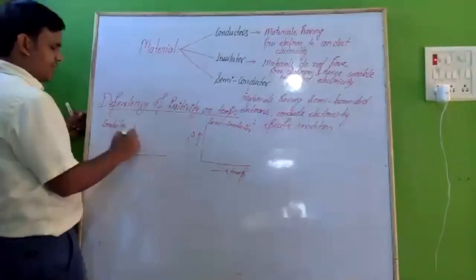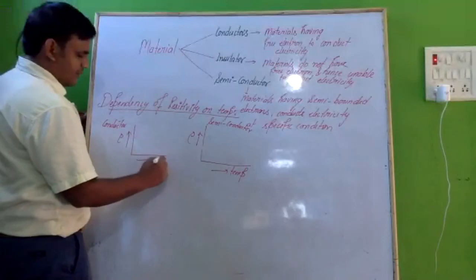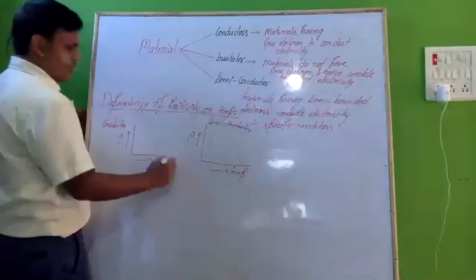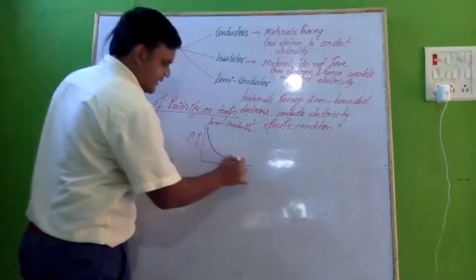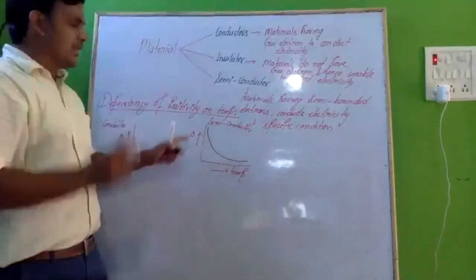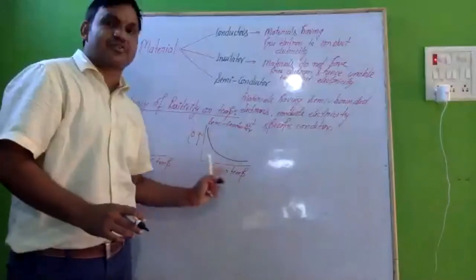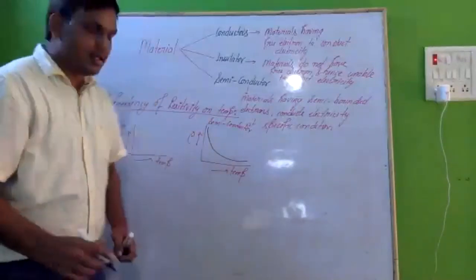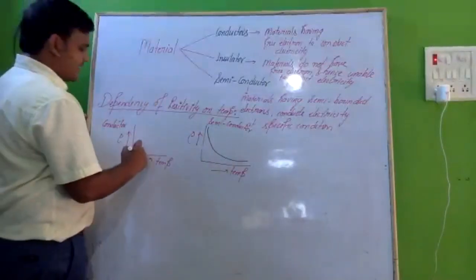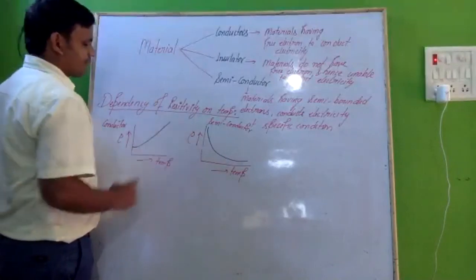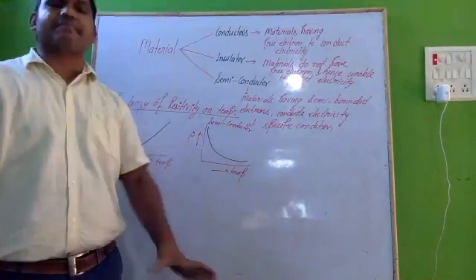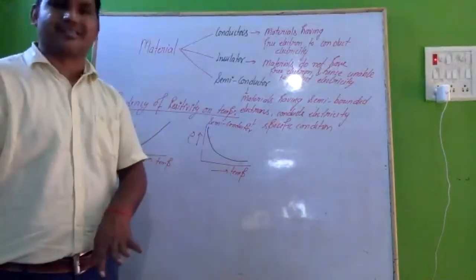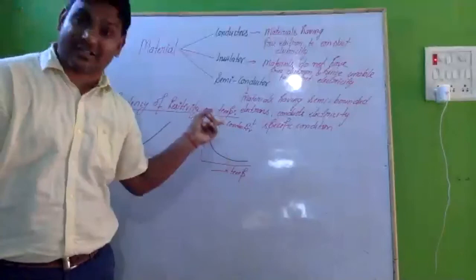In case of the semiconductor, if you increase the temperature, resistivity is going to decrease, while in case of the conductor it is going to increase. Once you increase the temperature, the resistivity of the conductor increases.